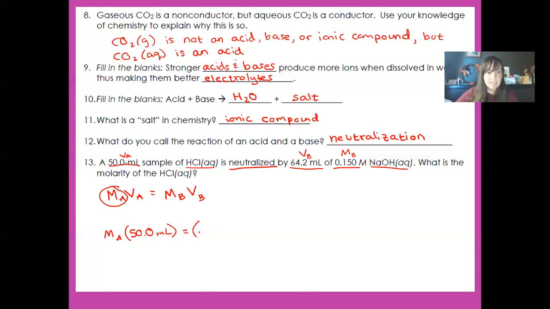Molarity of the base is 0.150 molar. Volume of the base is 64.2 milliliters. Let's divide both sides by 50 milliliters to get the molarity of the acid, the unknown, by itself on one side of the equal sign.